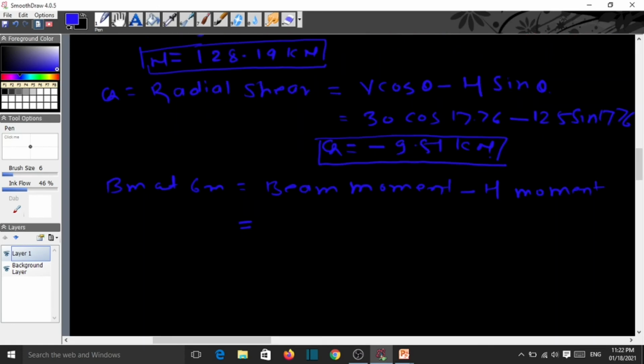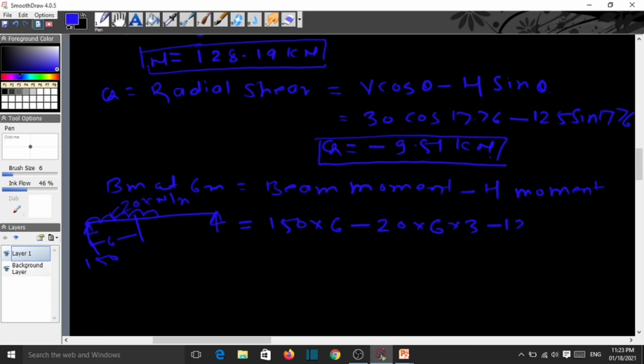Or suppose here we draw like a beam, and this is the UDL, 20 kN per meter, and at this location we want the bending moment. This is 150. So this creates the sagging bending moment. So 150 into 6, then minus, because this usually creates the hogging bending moment, 20 into 6 into 3, then minus H, which is equal to 125, into y.